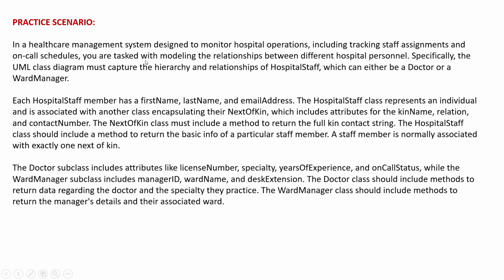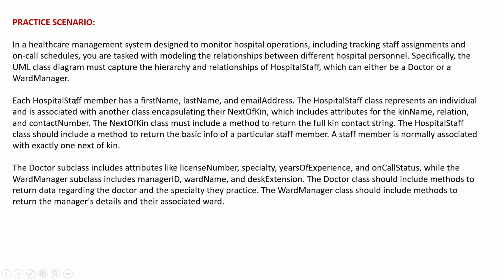In a healthcare management system designed to monitor hospital operations, including tracking staff assignments and on-call schedules, you are tasked with modeling the relationship between different hospital personnel. Specifically, the UML class diagram must capture the hierarchy and relationships of hospital staff, which can either be a doctor or a ward manager.